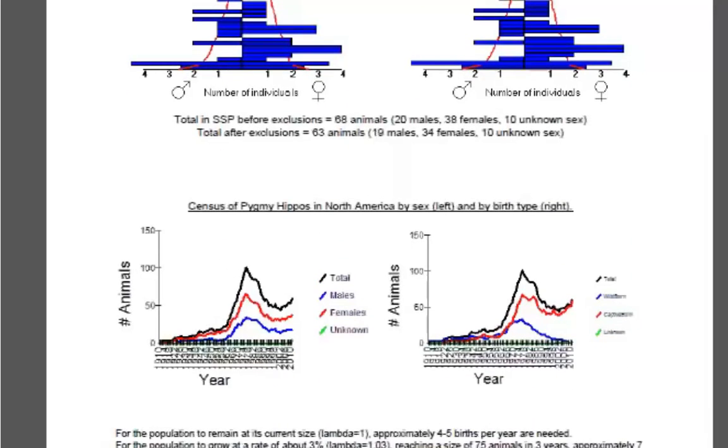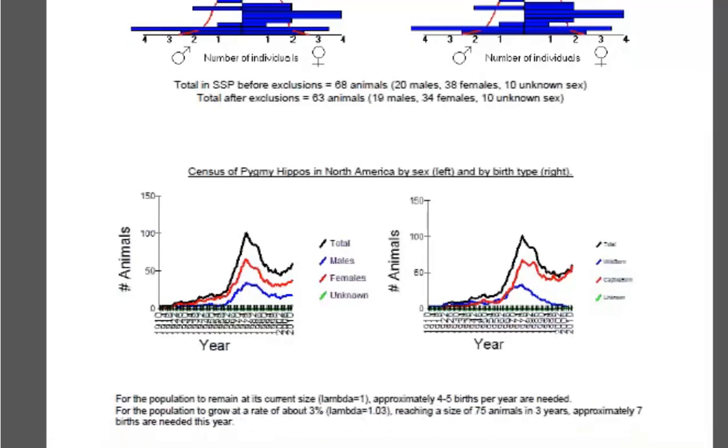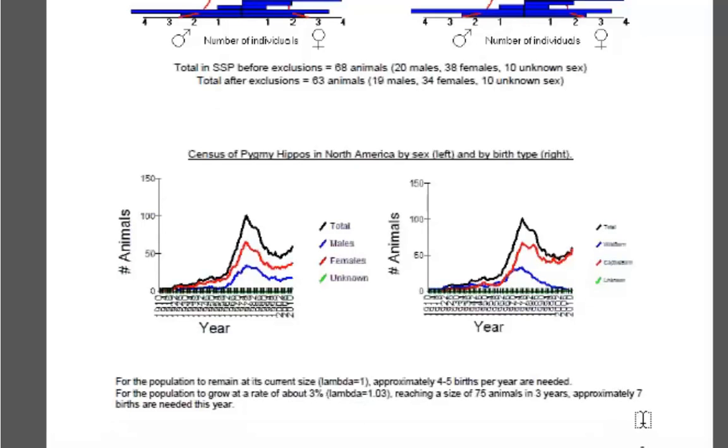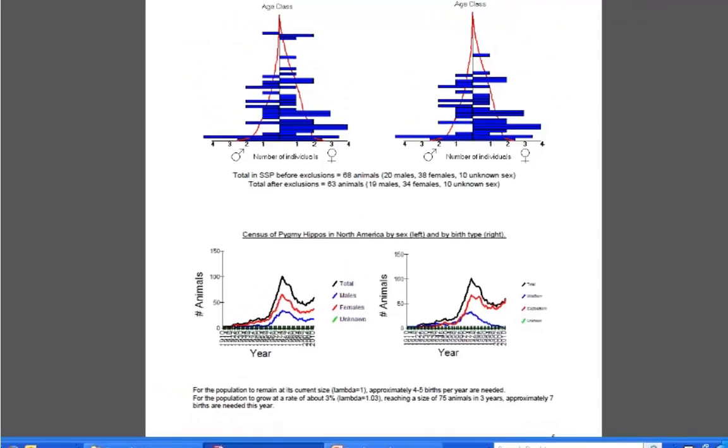We also include census graphs. Growth should be monitored over time and maintained stable. And then we also include some reproductive planning information. Important to keep in mind how many births the population is producing on an annual basis in order to maintain a stable growth rate.